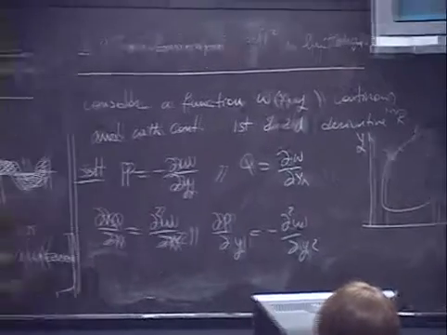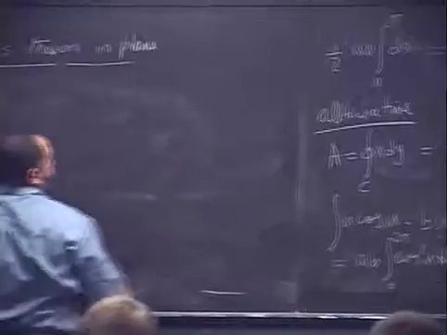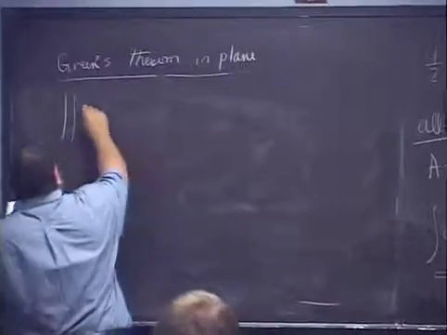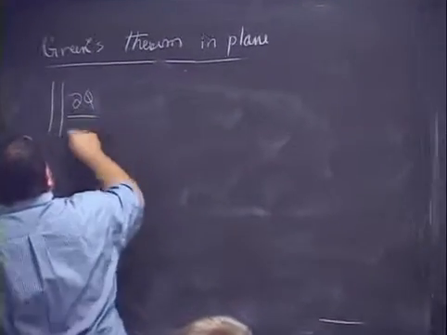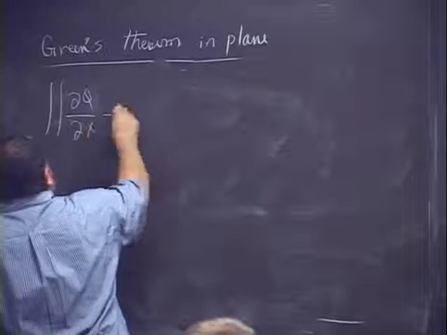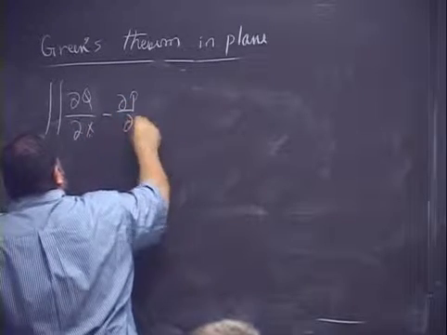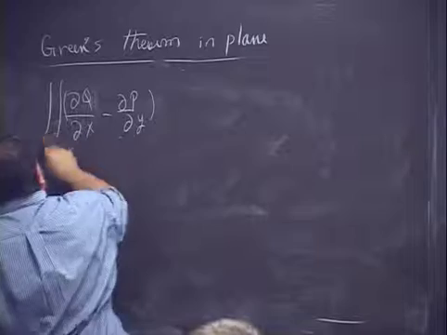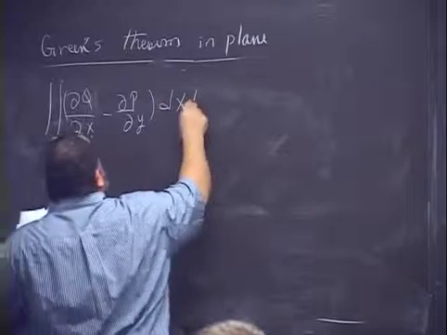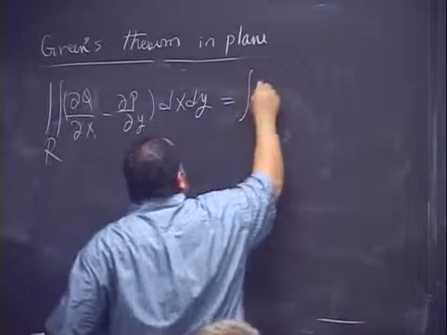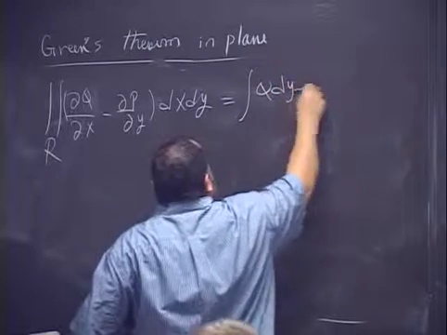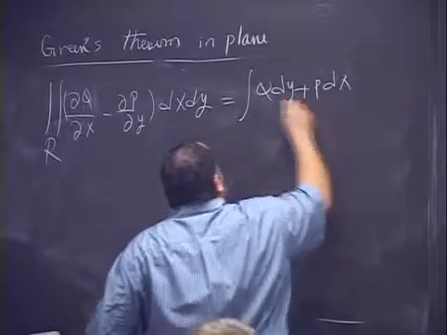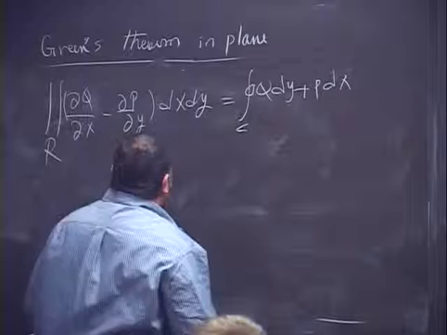Then we will apply the same Green's theorem again: the double integral over region R of dQ by dx minus dP by dy, dx dy, equals the contour integral over C of Q dy plus P dx.